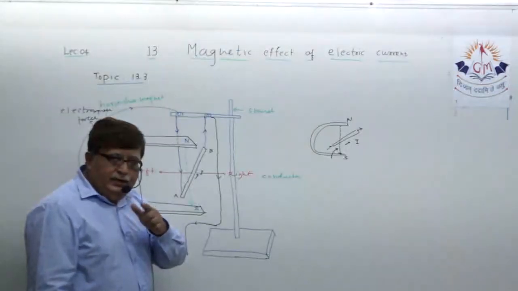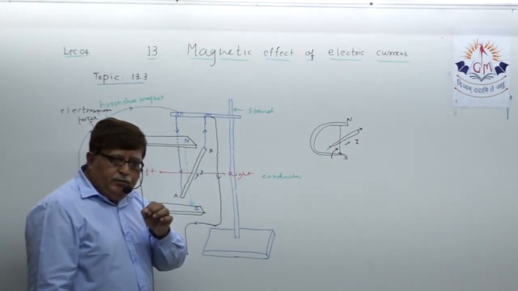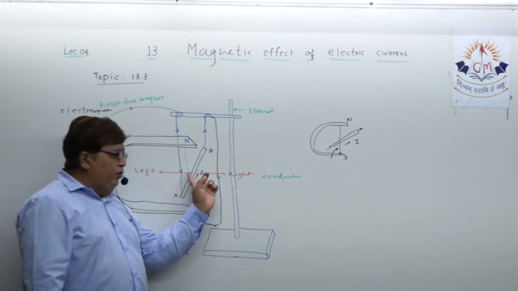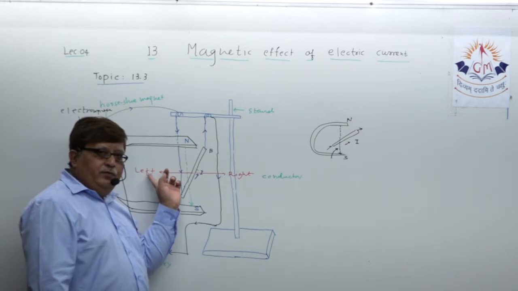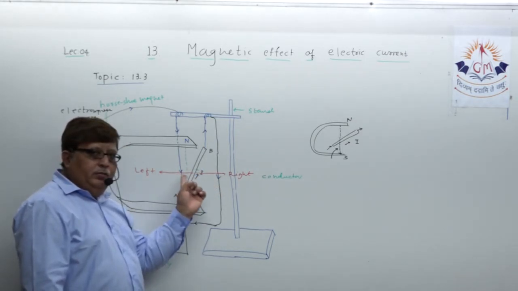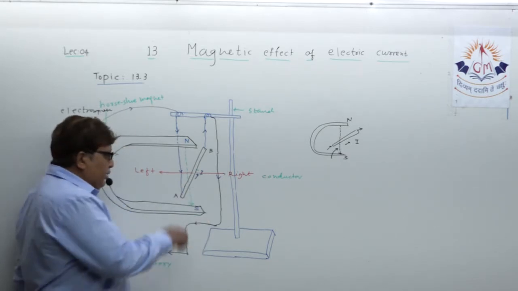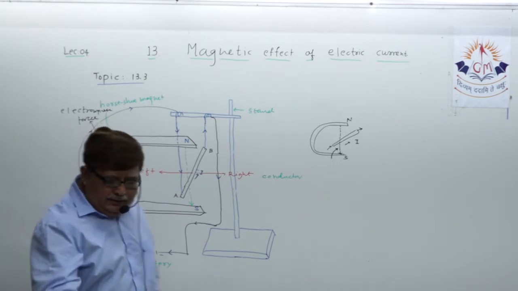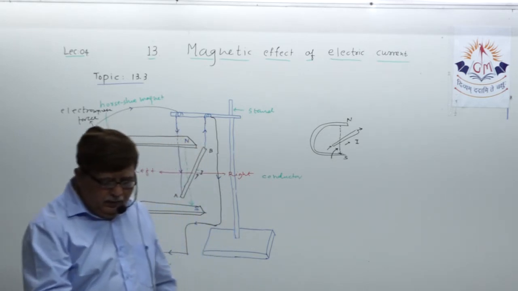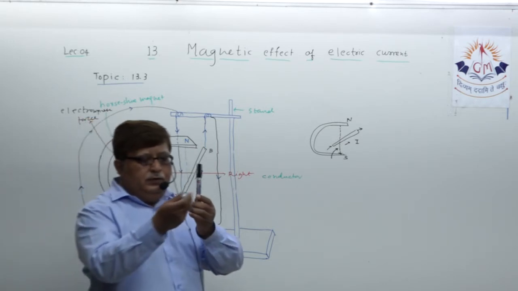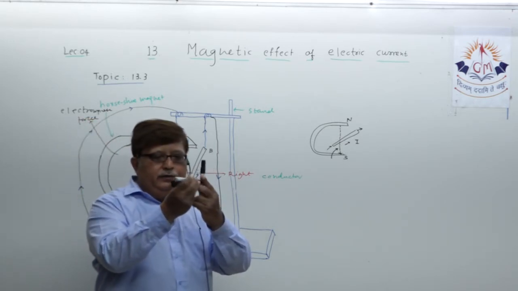Then in which direction is the electromagnetic force acting on the conductor? It is pulling the conductor either leftward or rightward. That means the direction of movement of the conductor is also perpendicular to both of these. It looks like this. See, this is the magnetic field. This is the direction of current.